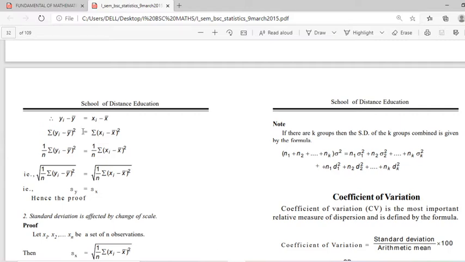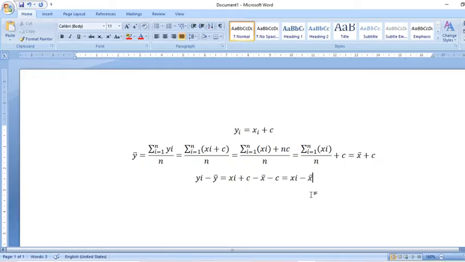Then we can see that yi minus y bar is equal to xi minus x bar. This implies take the square, and then we will sum it.